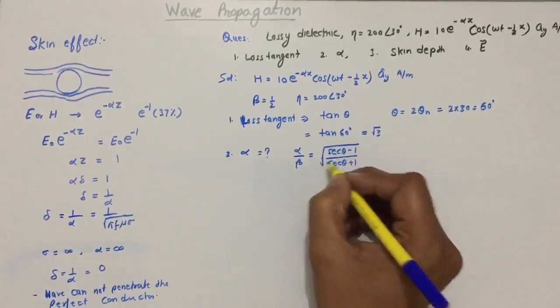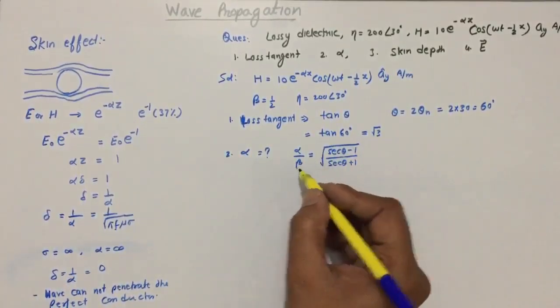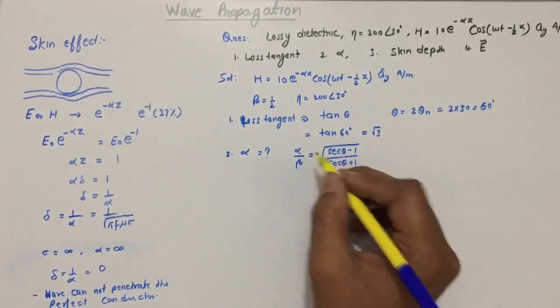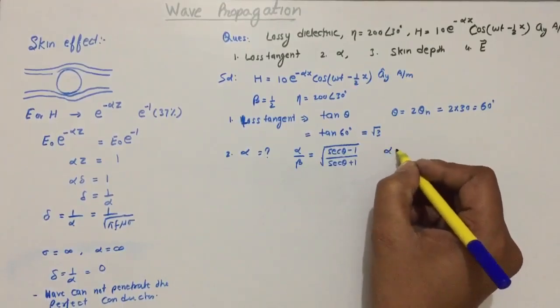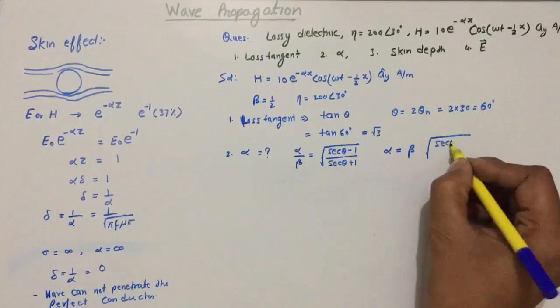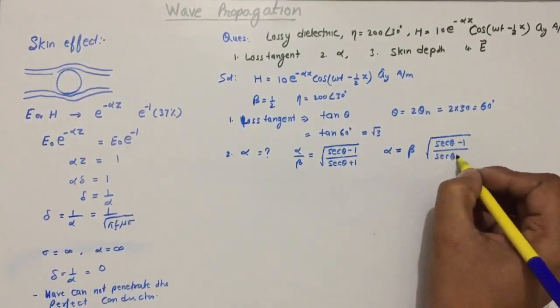Just recall, there was one formula like that. We have beta, we have theta, the only unknown parameter is alpha. So from here we can find alpha.